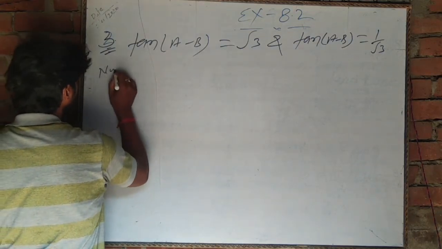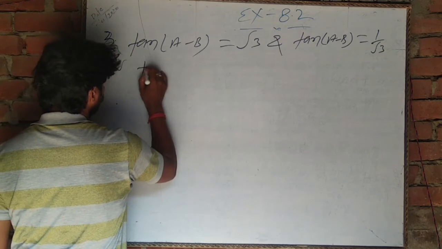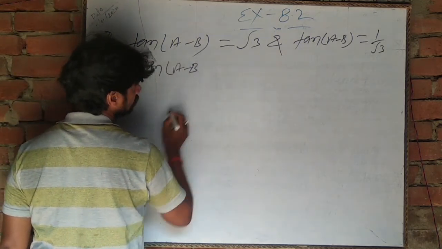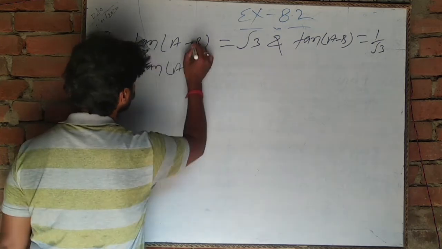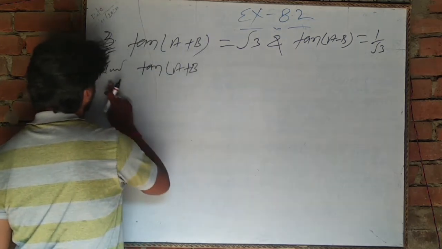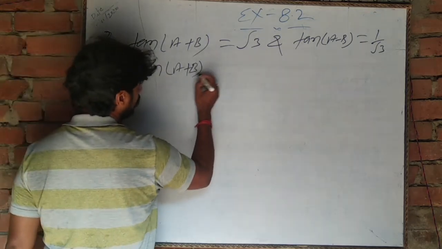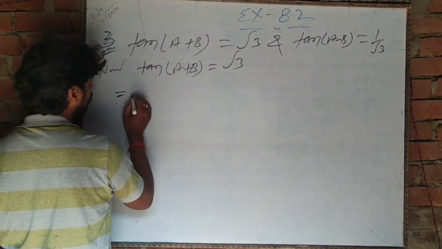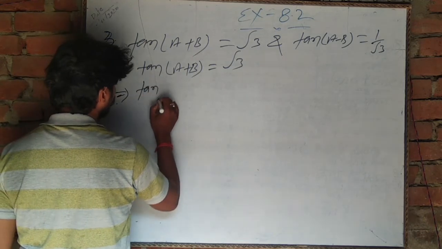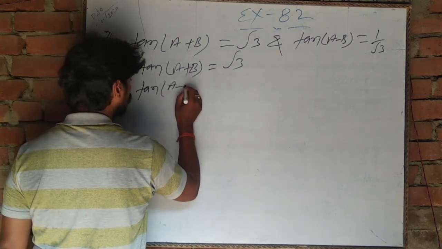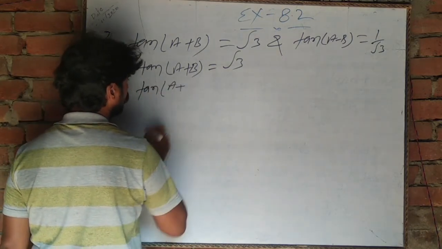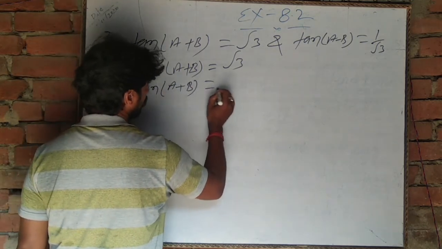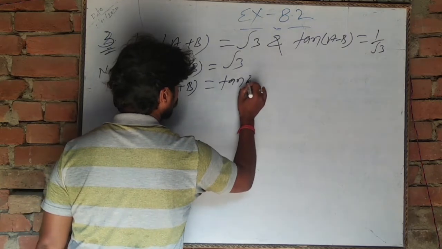Now tan(A plus B) equal to root 3, and we have an idea the value of tan 60 degree is root 3. So we will write here tan 60 degree.